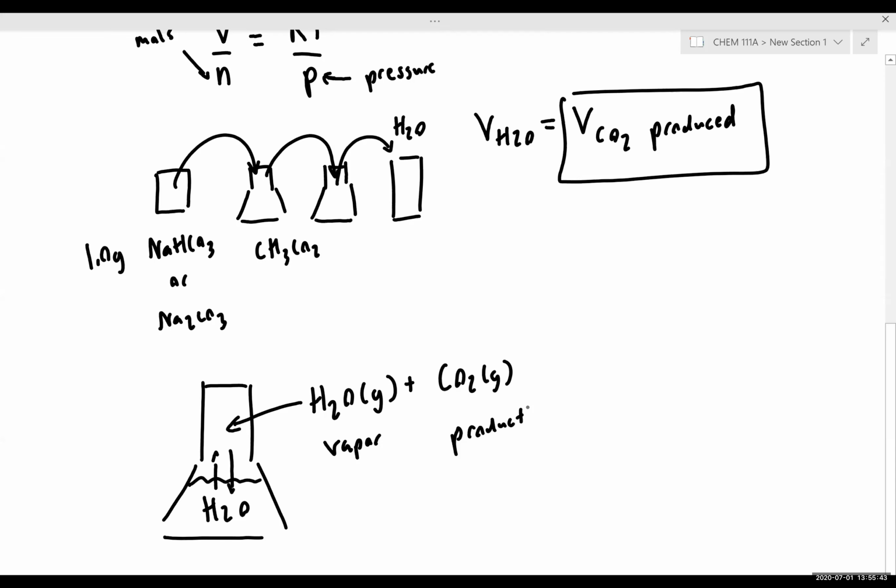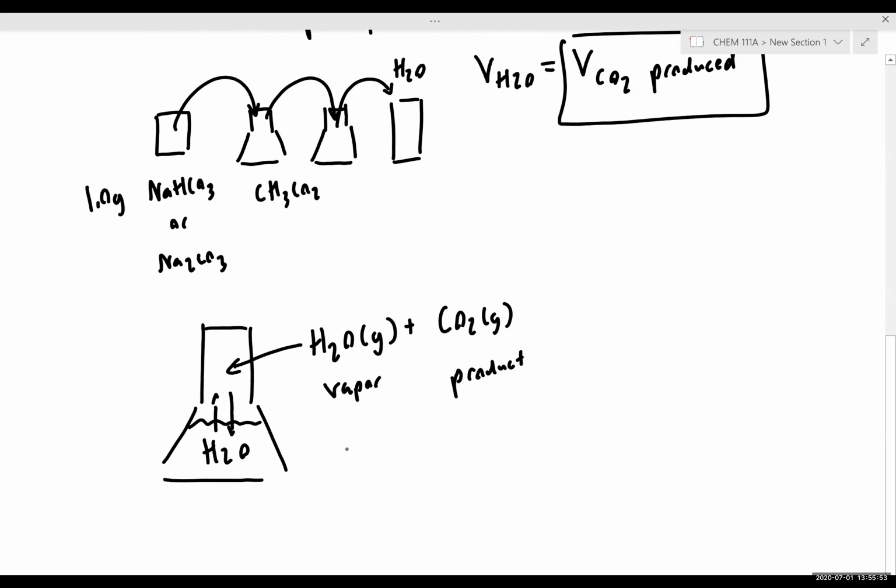This water vapor contributes to our total pressure of gas in our collection chamber. So we know that the total pressure, which is equal to our atmospheric pressure, is equal to the pressure of water plus the pressure of carbon dioxide.